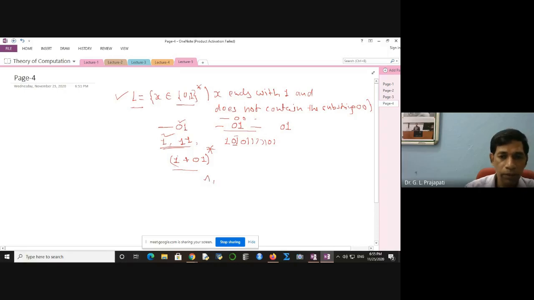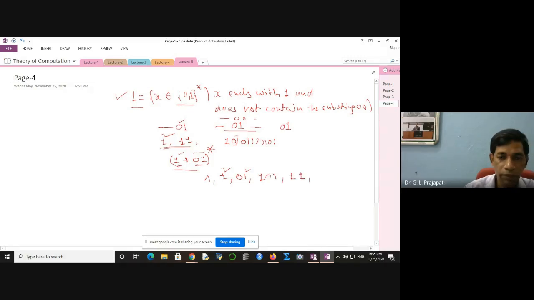If 1 time, then either you can find this string or you can find this. So if 1 time you are accessing, then you have either 1 or you can have 0 1. And these are the valid strings, okay? Now if you want to access 2 times, then you have the choice. First time you can access this 1, next time you can write 0 1, or you can write 1, then again you can write 1.